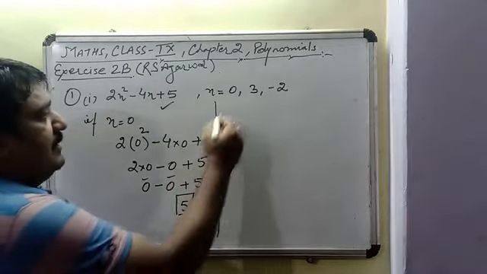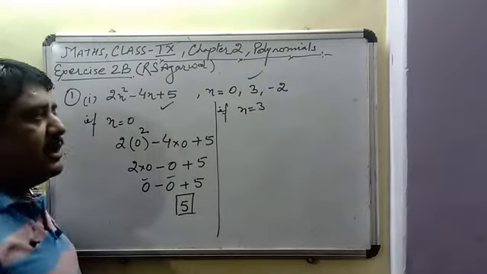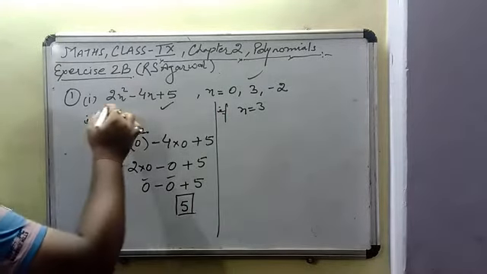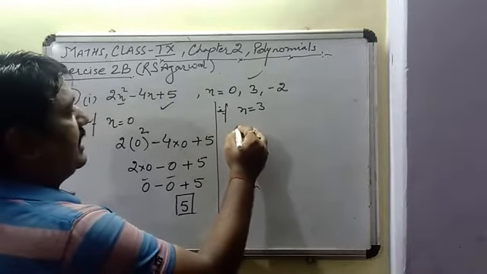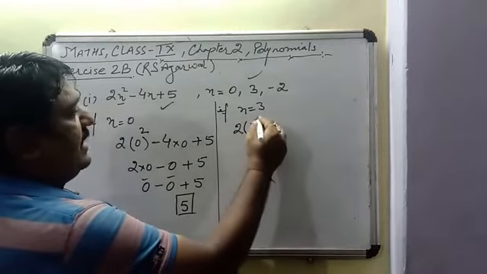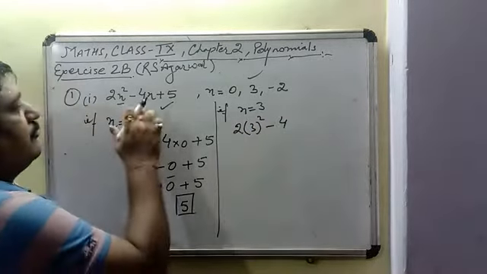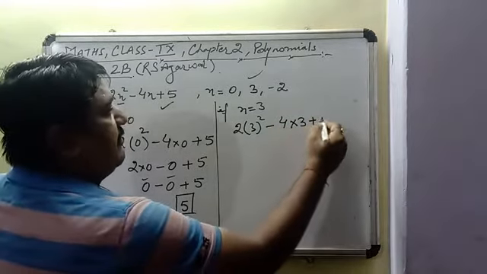If we are putting x equals to 3, the second requirement given to us, put the value of x equals to 3 in the given polynomial: 2x square, that means 2 into 3 square, minus 4x, 4 into 3, and plus 5.